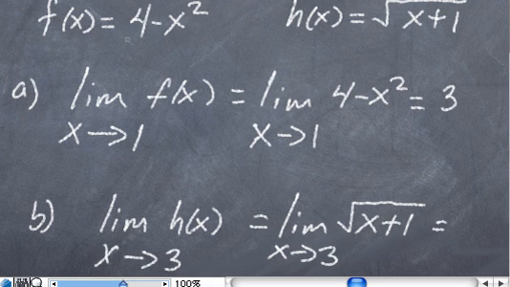Now you might want to write these two functions down up here because you're not going to see them on the screen after b. So then you just take the 3, plug it in. So 3 plus 1 is 4, and the square root of 4 is 2.